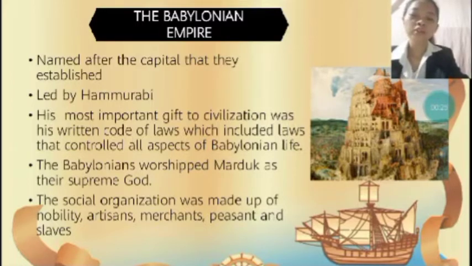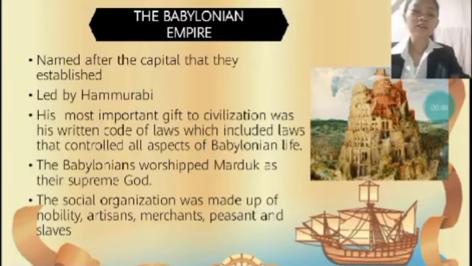Hammurabi's code expressed an important idea in Mesopotamian civilization. It emphasized the responsibility of the government towards its society. The Babylonians worshipped Marduk as their supreme god. Religion was also the center of Babylonian life.